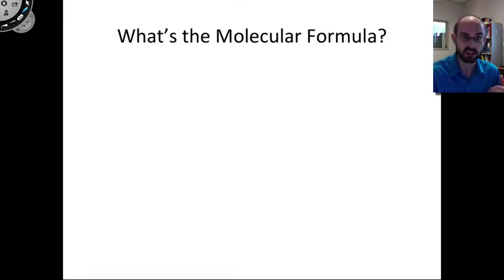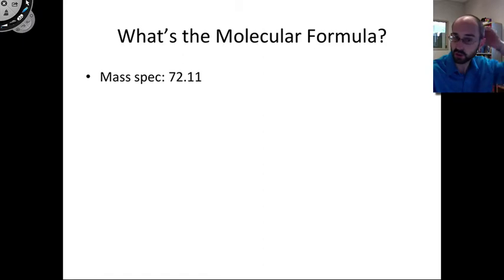Suffice to say, it's an instrument that bombards molecules with electrons, causes them to take on a charge, and then measures the mass to charge ratio. Ultimately, from all that information, you can get out the molecular formula. In this case, I'm giving you something with a molecular weight of 72.11.